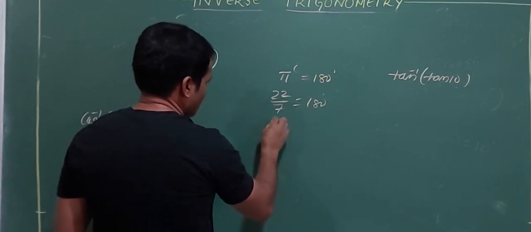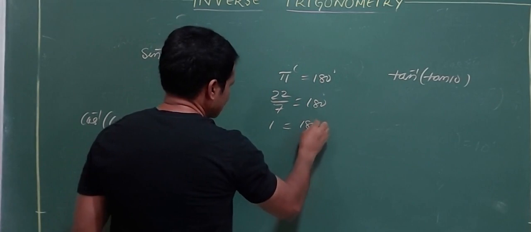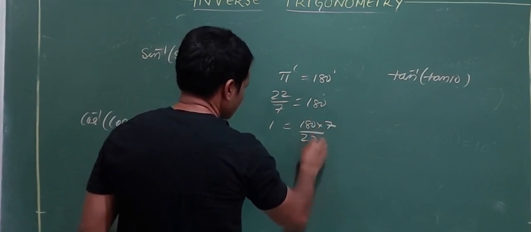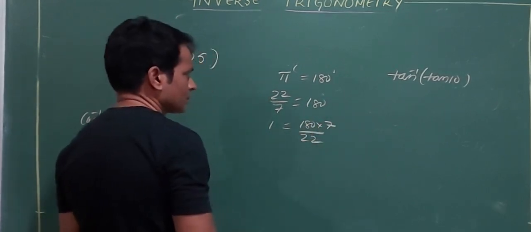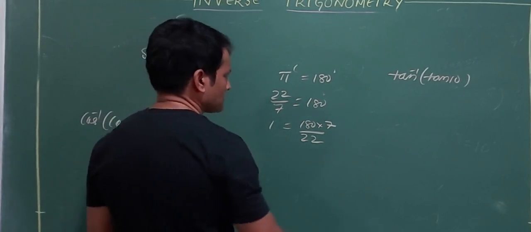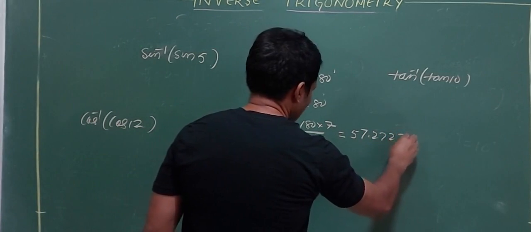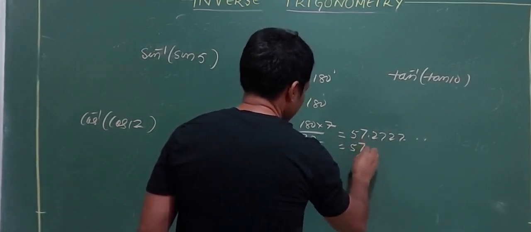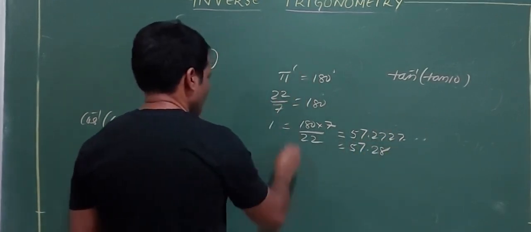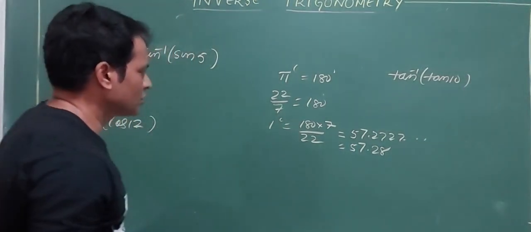So 1 radian is equal to 180 into 7 by 22. This is nearly about 57.272727. That means let us consider 57.28. 1 radian is equal to 57.28.